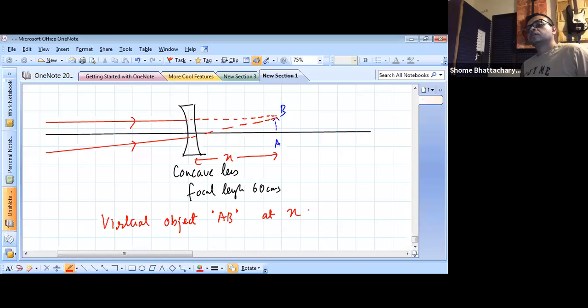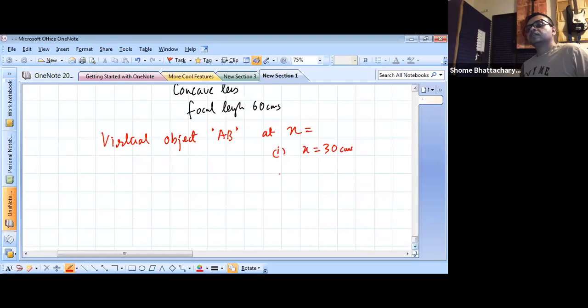At x equal to, in the first case, let's take x as 50 centimeters. In the second case, we'll take x as 90 centimeters. And in the third case, we'll take x as 150 centimeters.